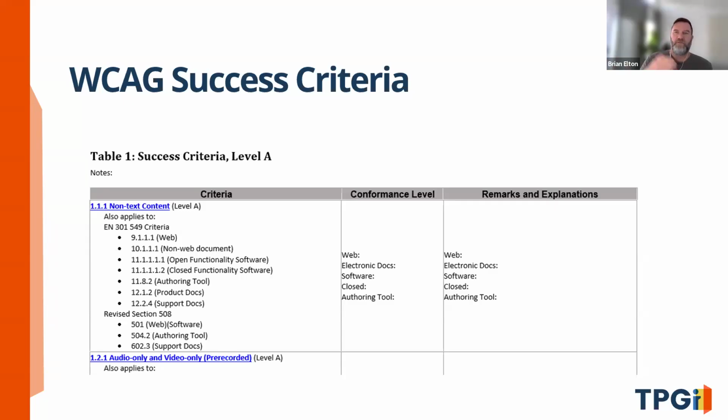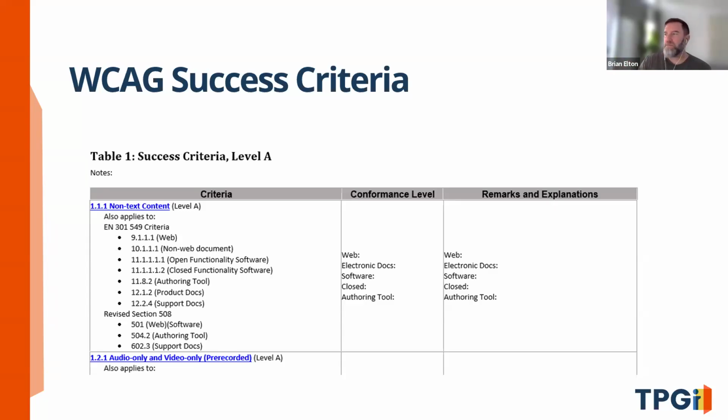The fully fleshed out template actually has this really nice additional information within that cell to say that this WCAG success criterion also applies to these sections of EN 301 549 and these sections of the revised Section 508, because then you know where to pull information from when you're filling out these other sections, which we're going to talk about in just one moment.